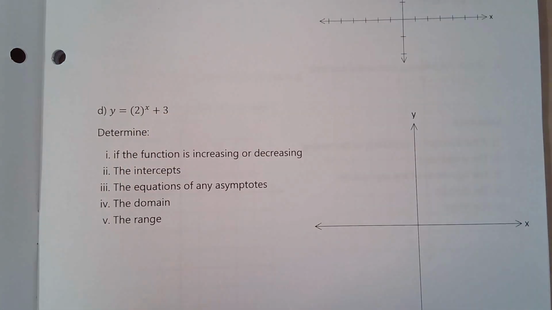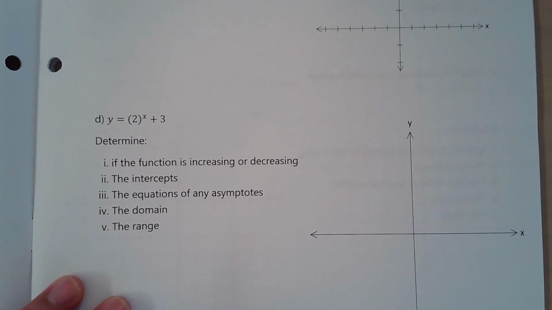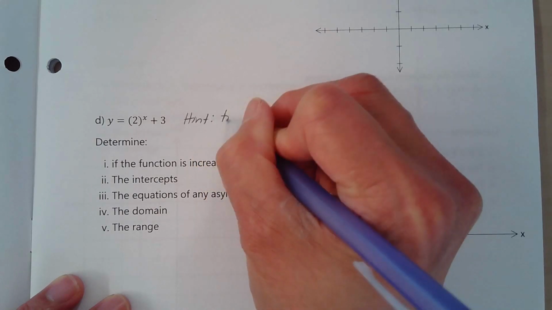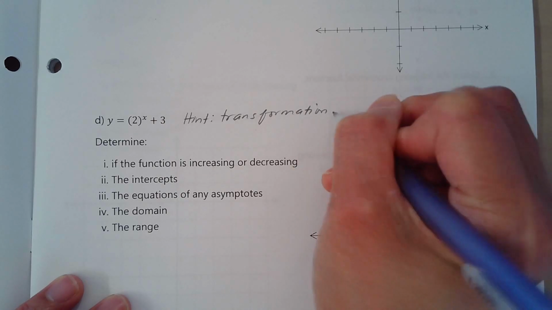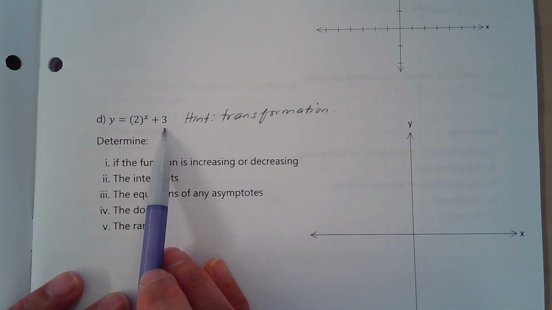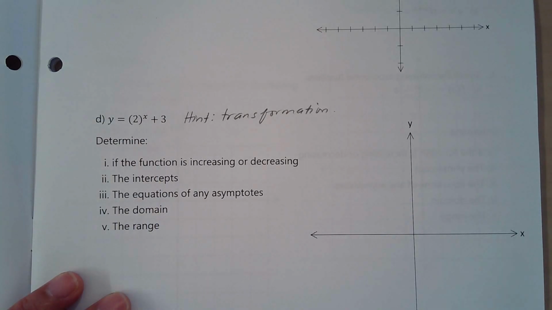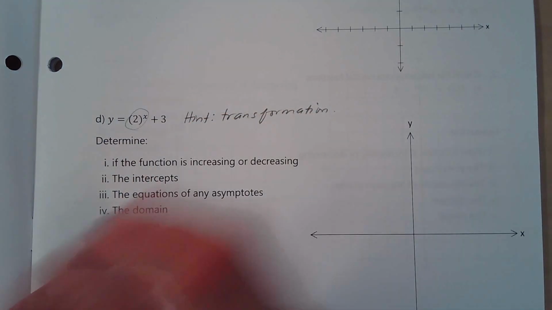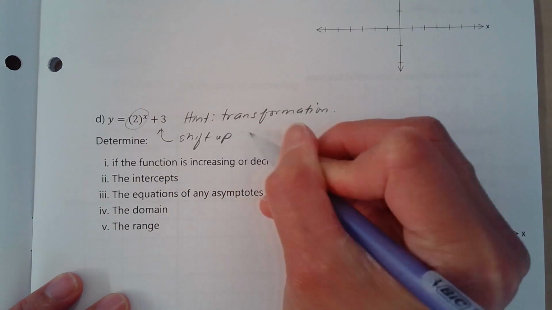Now there's a plus 3. What do you think that plus 3 is about? What kind of transformation would that be? Up 3 units, right? So this is your function, and then it's going to be shifted up 3 units.